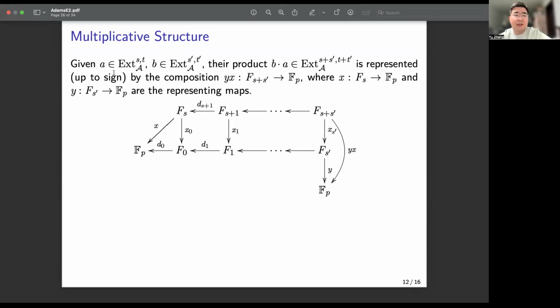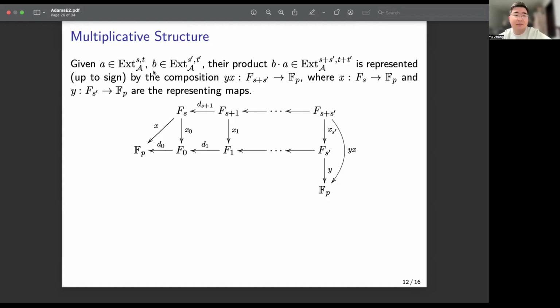determining the additive structure, but the multiplicative structure is a different story. So given an element a inside this Ext group, since the Ext group is dual to the space spanned by those free generators in the minimal resolution, I can represent a as a map from the s-th step of the resolution to the base field Fp.